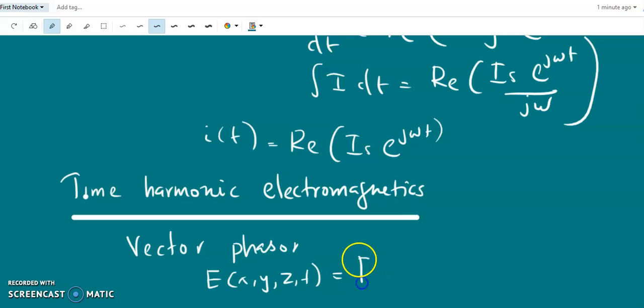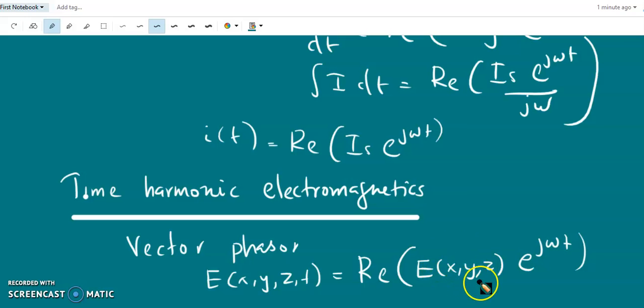This can be written as the real part of the corresponding phasor E(x, y, z) e to the power j omega t. Here E(x, y, z) is the vector phasor that is independent of time. This vector phasor has the amplitude, direction and phase information, but is independent of time. In general, it is complex, because of the j phi in the phase and e to the power j phi term.